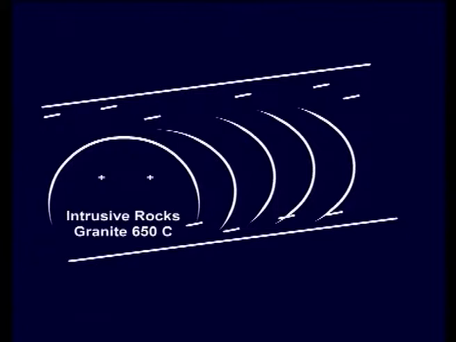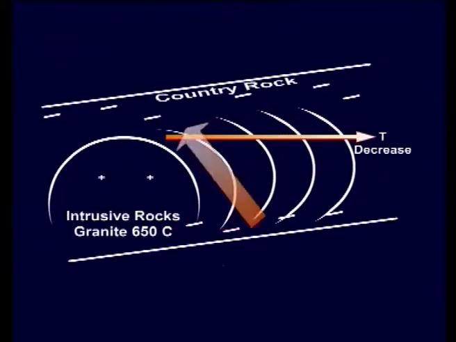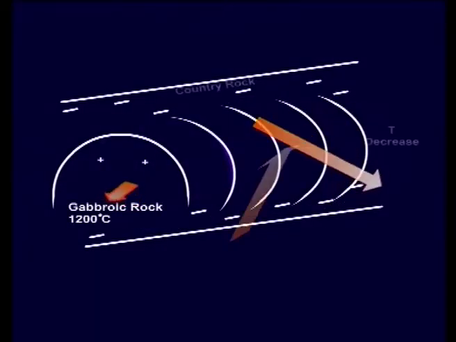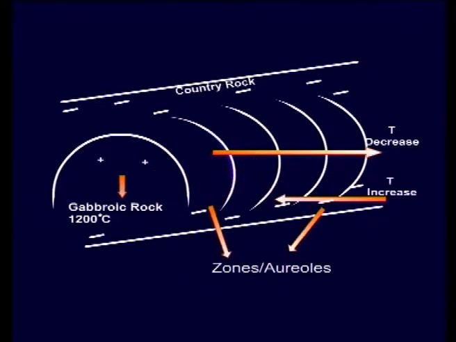Particularly if skarn rock is developed, it must be in calcareous assemblages. Here the temperature may be very high, even up to 1200 degrees centigrade, if the intrusive body is gabbroic in composition, and normally the pressure is very low.